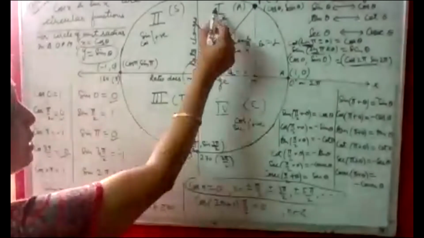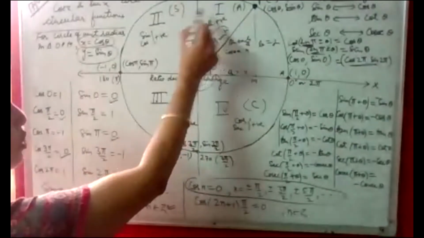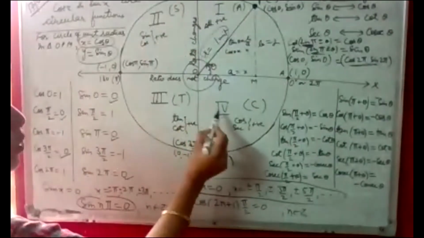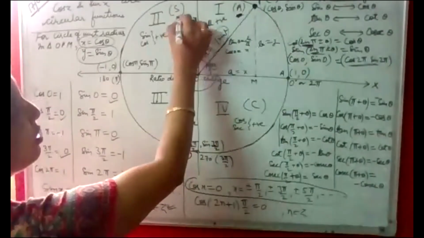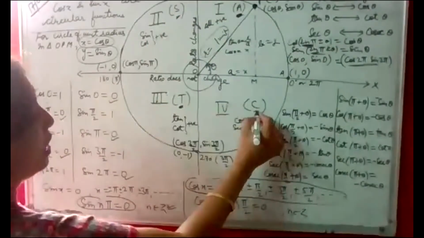After this, we come to the quadrants. We know that when we divide the circle into two parts by the x and y axes, we get 4 quadrants: first quadrant, second quadrant, third quadrant, and fourth quadrant. And in that, I have told you: all silver tea cups.